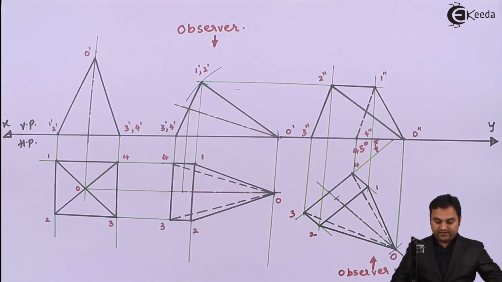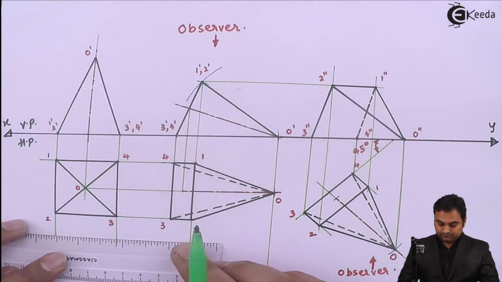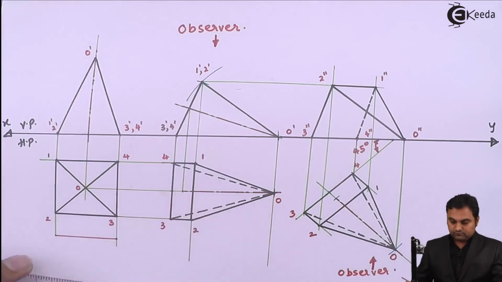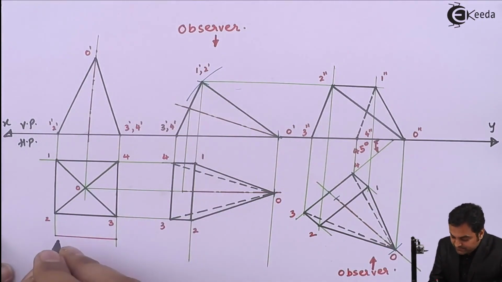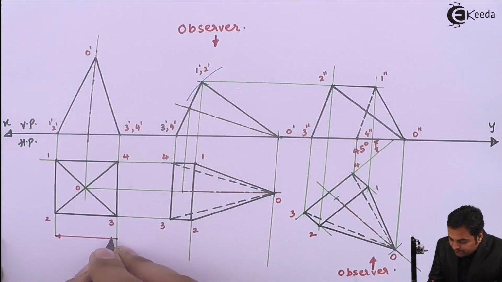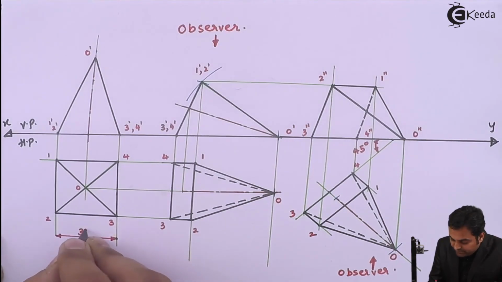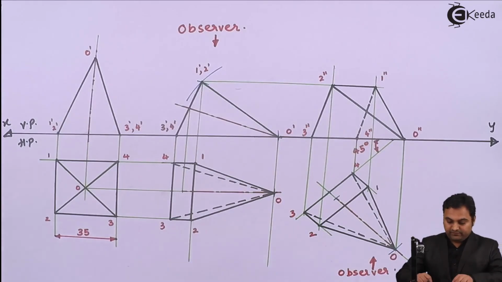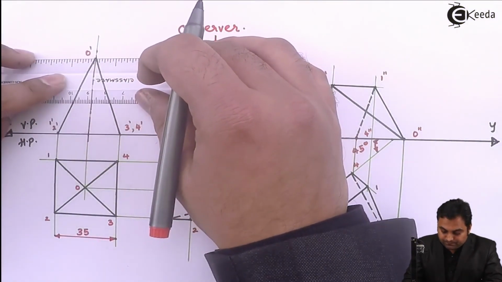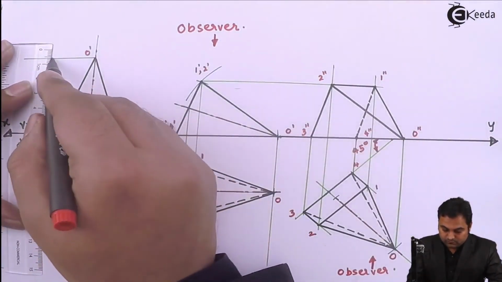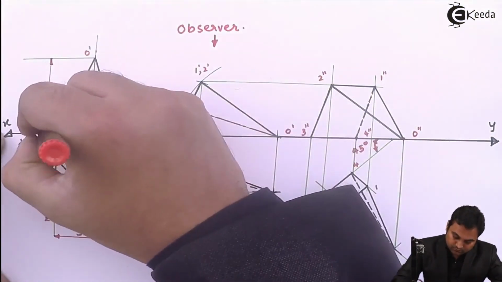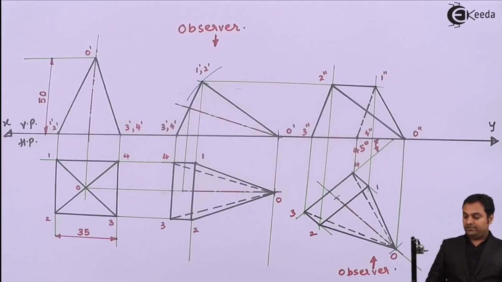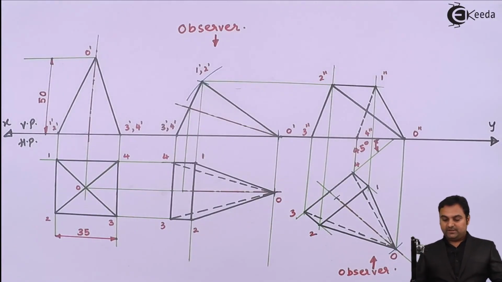And next, I'll give the dimensioning to it. The edge of base is 35 mm given, and the axis height is 50 mm. So here when I have given the dimensioning, the question is completed.